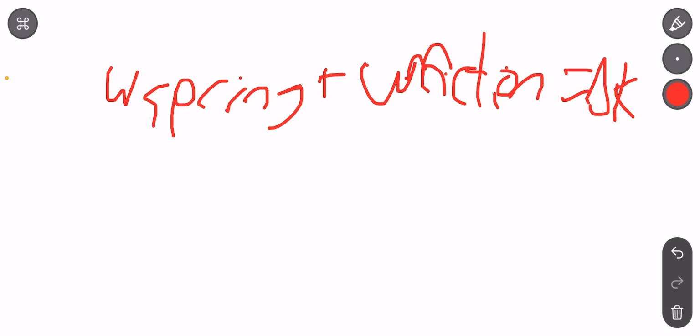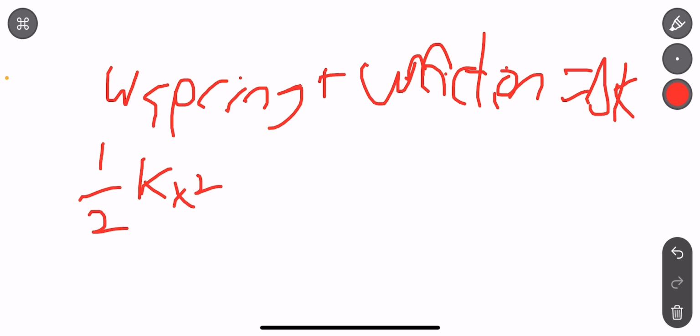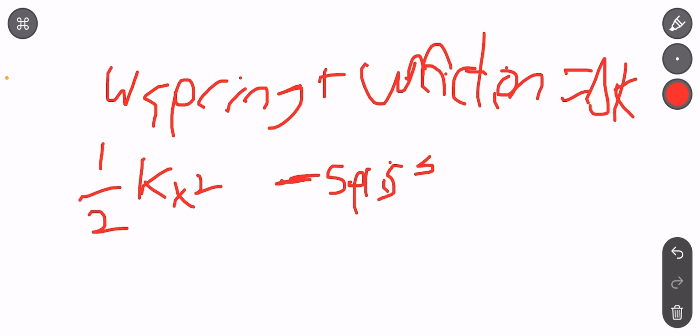Well, W spring, just the equation I just gave you, the watered down version, is going to be 1/2 kx squared. That's not spring S, I'm sorry. That's mg.